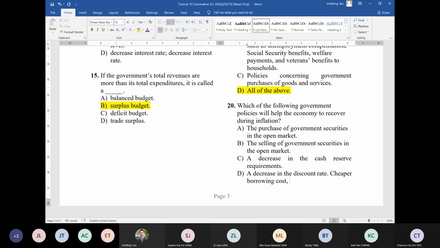So if the borrowing cost is cheaper, what is going to happen? This will encourage individual households and private firms to borrow money from banks. More people are interested to borrow money because it's cheaper now.